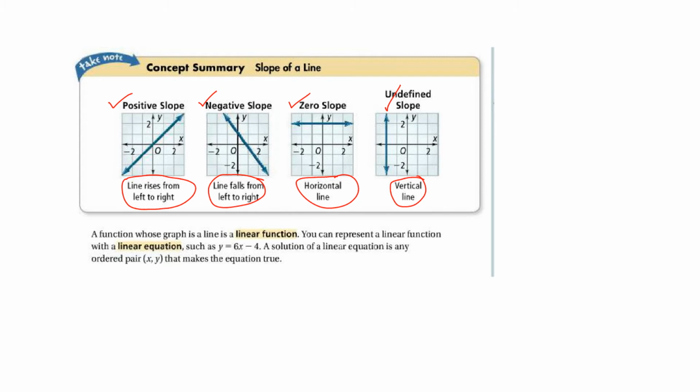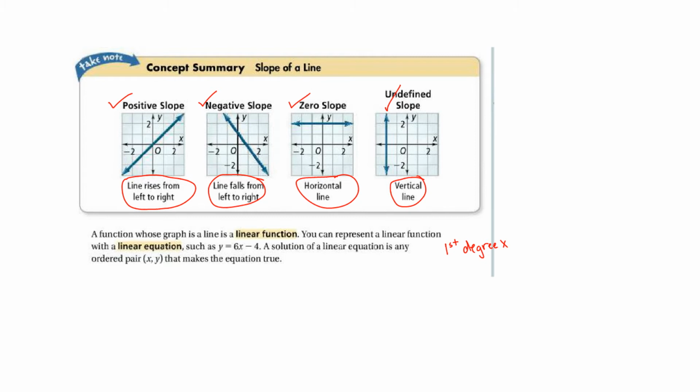A function whose graph is a line is what we call a linear function. You represent a linear function with a linear equation such as y equals 6x minus 4. That means you have a first degree x, which means that you're not going to have x squared, x cubed, x to the 4th power.